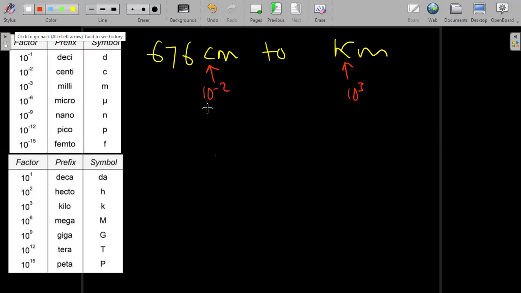We write first of all the number that we have, and then we say times the value of the prefix that we are coming from, which is 10 to the power minus 2. And then we divide by the value of the prefix where we are going, which is 10 to the power 3.